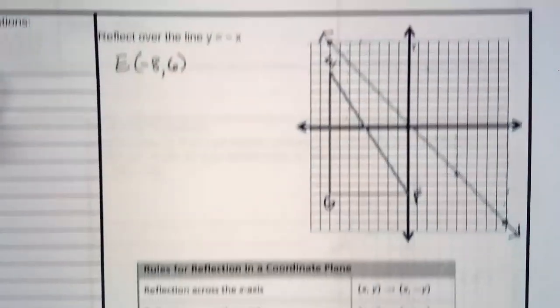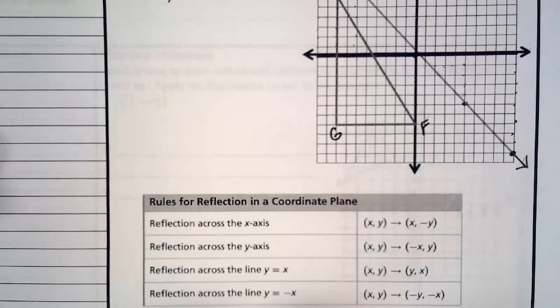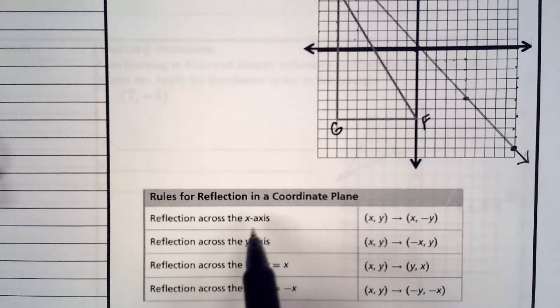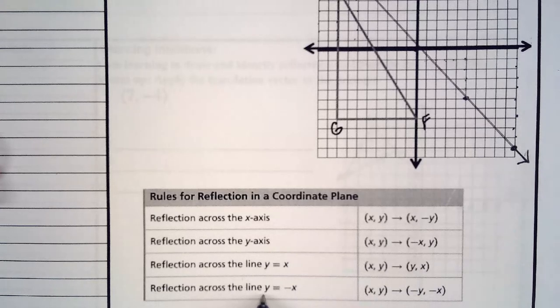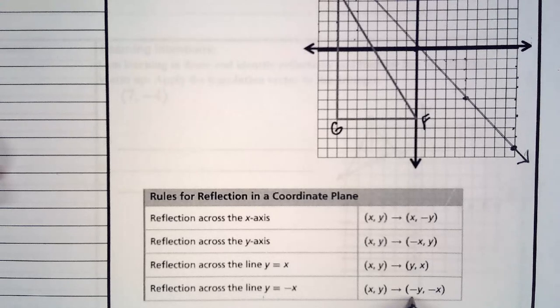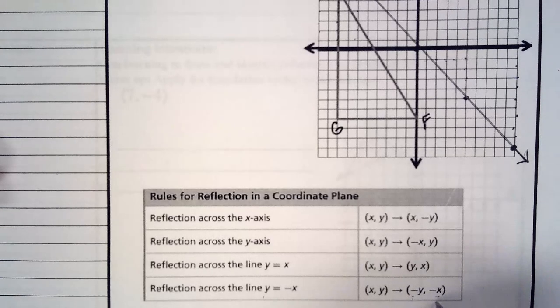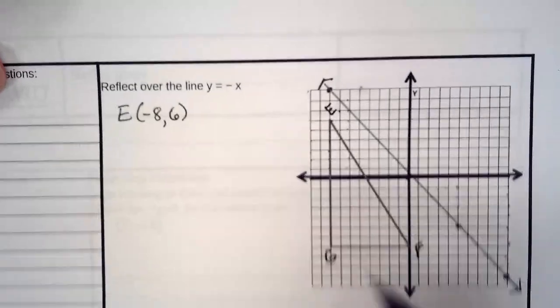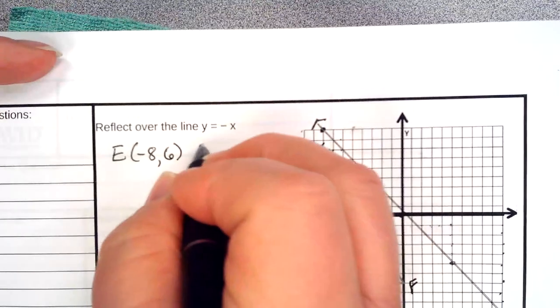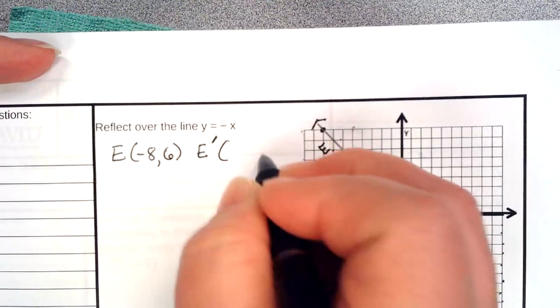So, to be able to do it correctly, I am going to look at my rules for reflection. If I reflect over y is equal to the opposite of x, then both my x and my y coordinates become their opposite, and they switch places. So the first thing I'm going to do for E prime is switch their places.